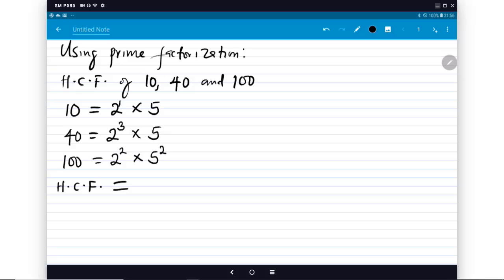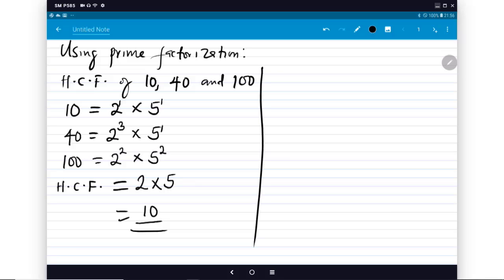So here we have 2 raised to power 1, power 2, power 3. So we pick power 1. For 5 as well, power 2, power 1, power 1. So we take the lowest power, which is power 1. So our HCF will be 2 times 5, which is 10. So that is how we use the prime factorization method to find the HCF.